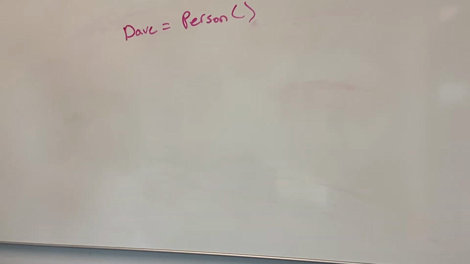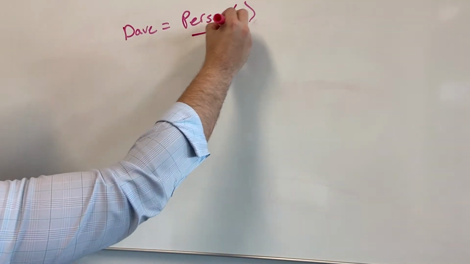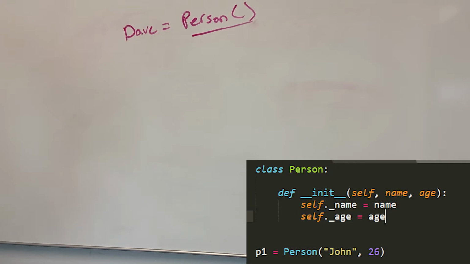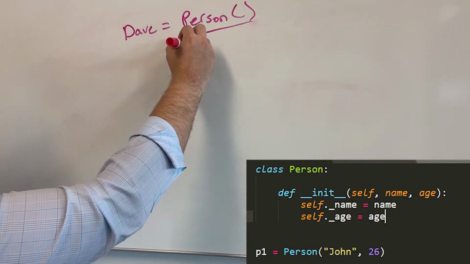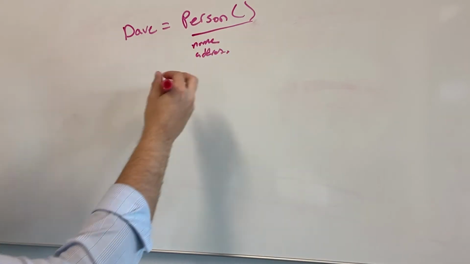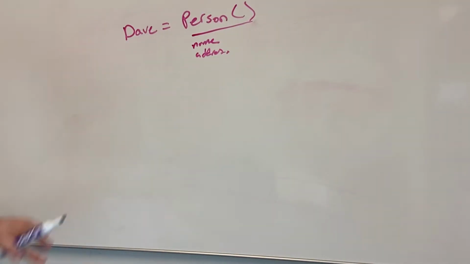I mean, we have this person object right here, and we're going to call it Dave. Person could be whatever, it's some sort of constructor. Let's imagine we're writing in Python real quick, and maybe person has a dot name, so there's probably a name associated, maybe an address, maybe an email, whatever the application is. But Dave is equal to that person in memory.